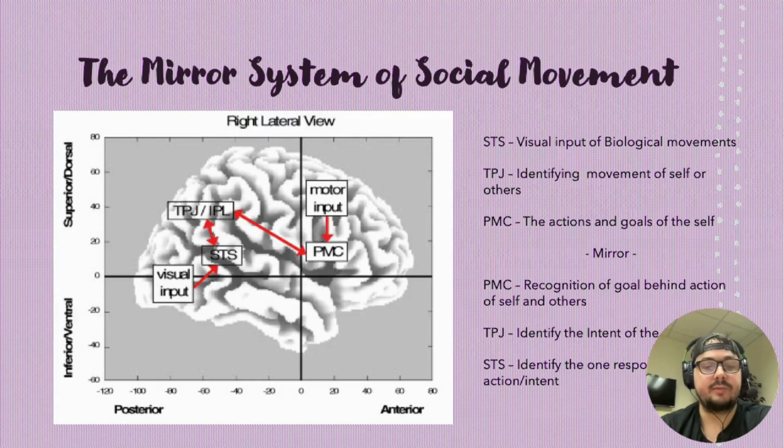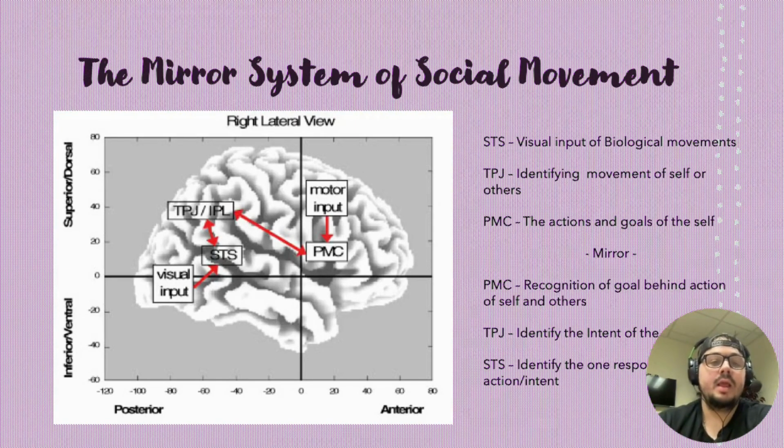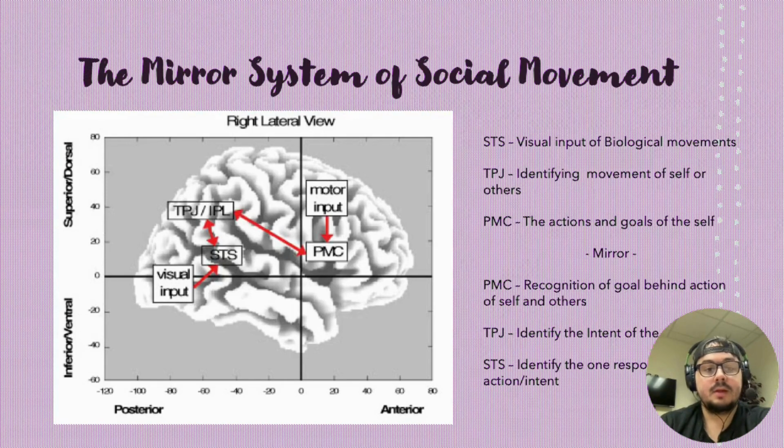So if you see a movement of another person, you can also map it out with your own biological ability. But we do see that when it comes to the perception of emotion, there is a pretty specific system of the brain involved in being able to mentalize another person's movement, their intentions, and even their emotions.